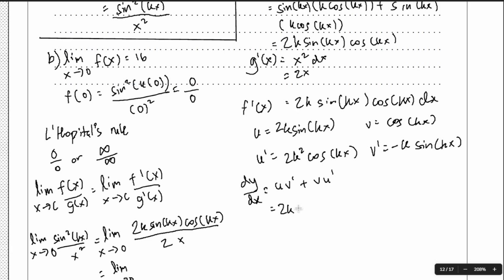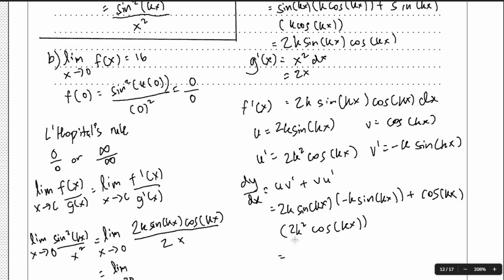which would be 2k sine kx times minus k sine kx plus cos kx multiplied with 2k squared cos kx. Now here we can simplify it.